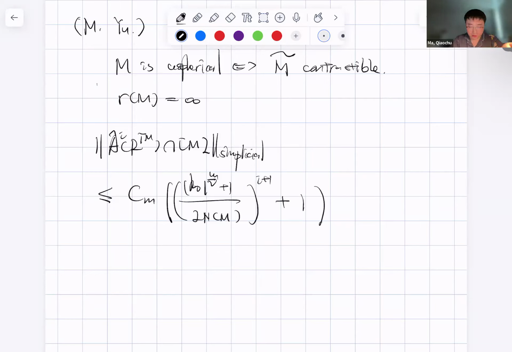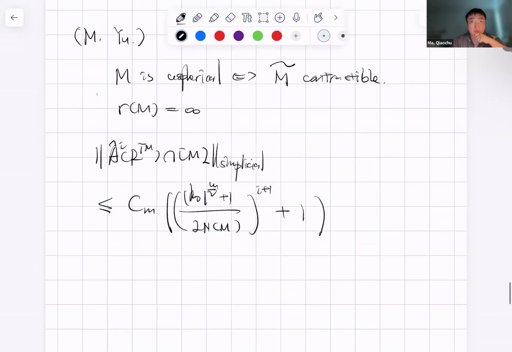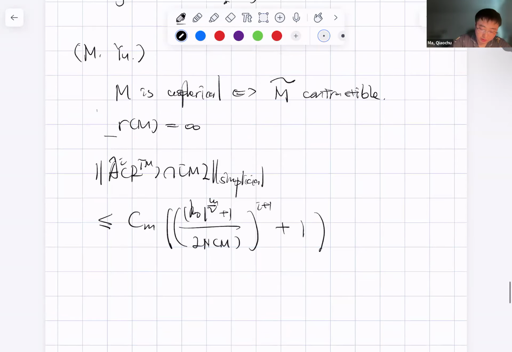Okay, so this explains why we only still have these two parameters K0 and the isoperimetric constant, no extra parameter, because it is infinity. Okay, I think I shall stop here. Thank you very much.